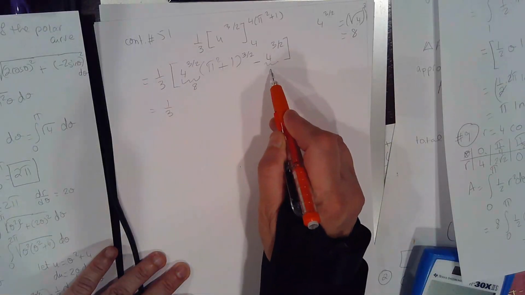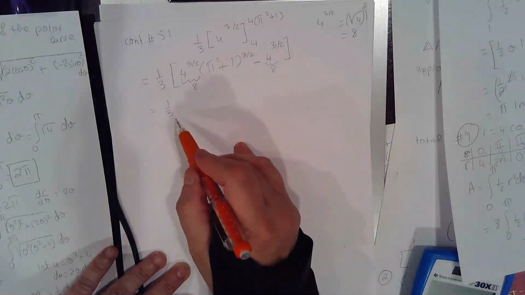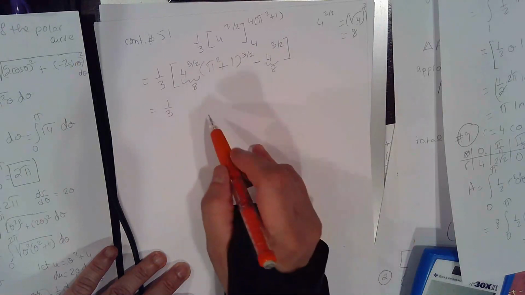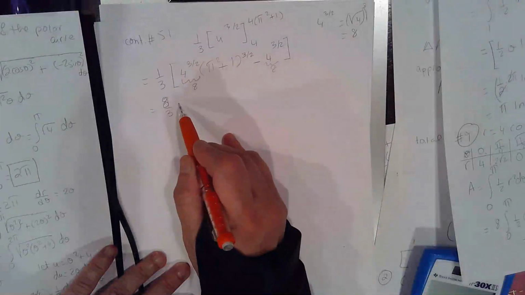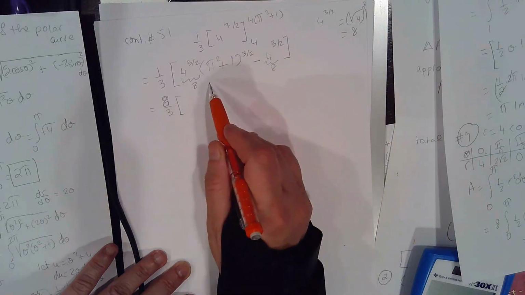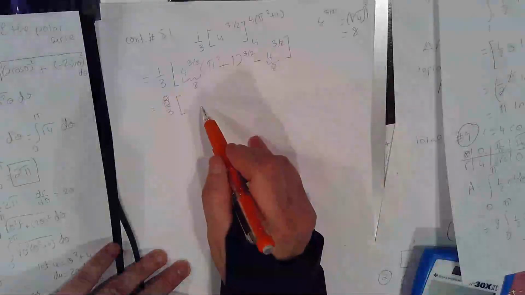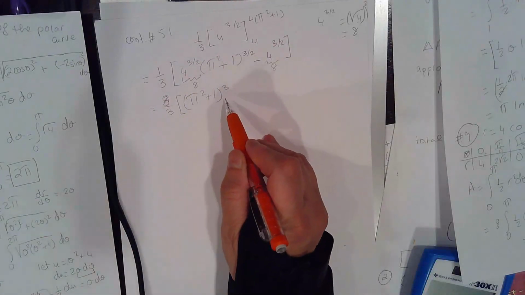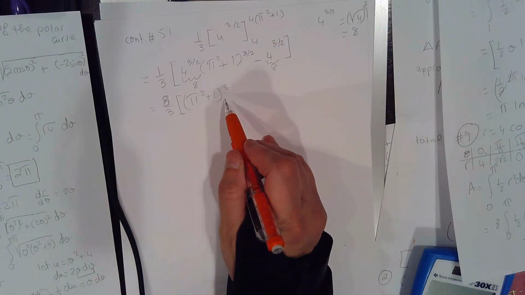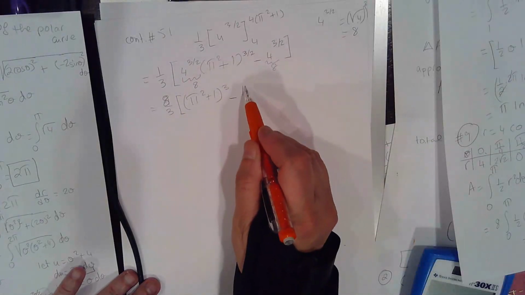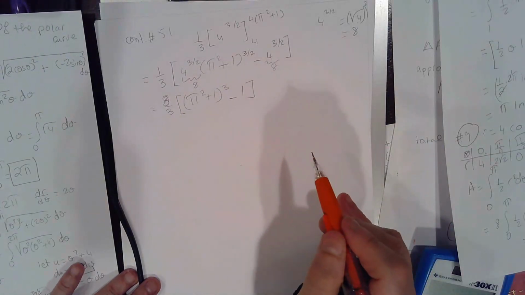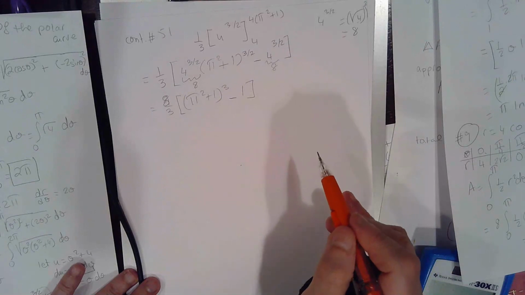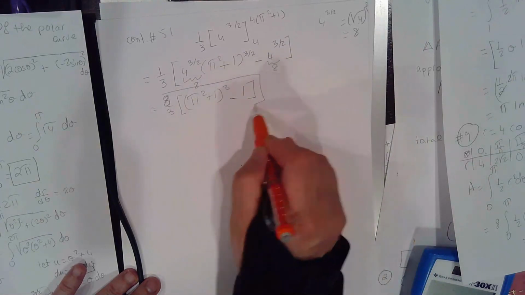I can factor out 8 and pull it outside. You are left with pi squared plus 1 to the 3/2 minus 1 in here. And this is your exact answer.